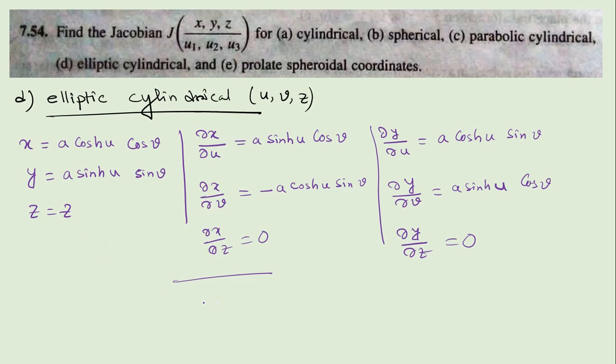With respect to z, ∂z/∂u is 0, ∂z/∂v is also 0, and ∂z/∂z is 1. Put this value in the Jacobian.